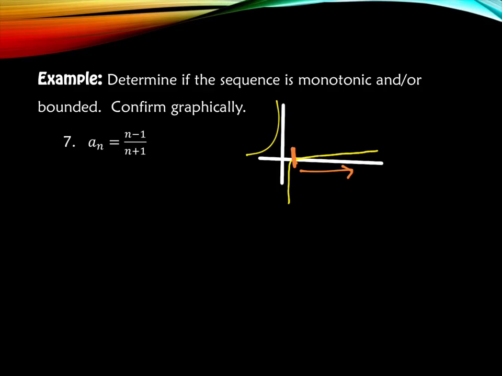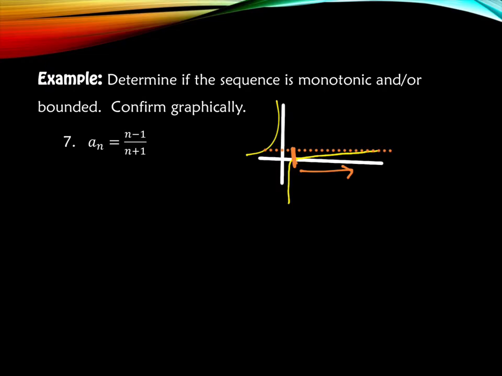So it's hard to say for sure based on just the graph. If you base it on knowing some things about horizontal asymptotes, it is okay to say that there is a horizontal asymptote happening at 1. I don't have mine drawn very well. But there is a horizontal asymptote at y equal 1 happening. This is bounded. This is monotonic. But we need to actually justify why.